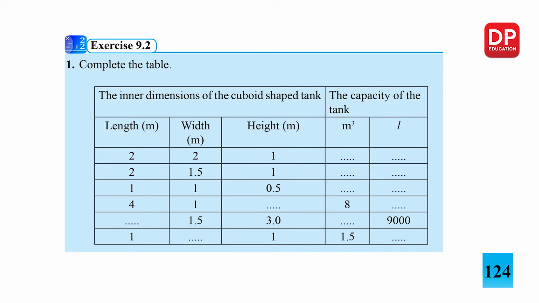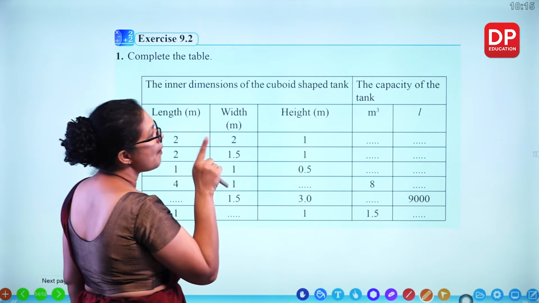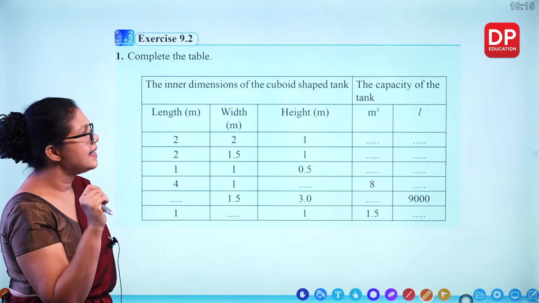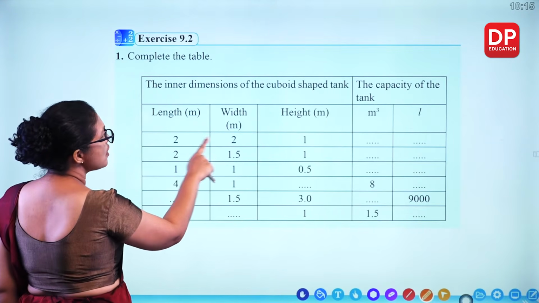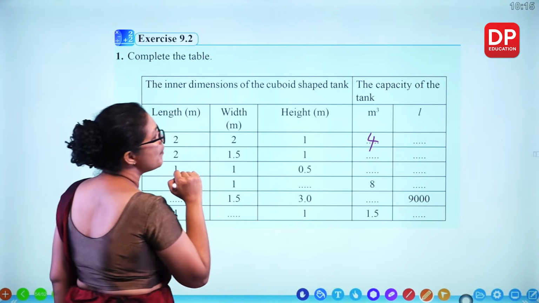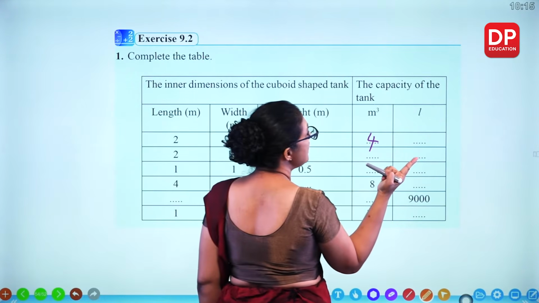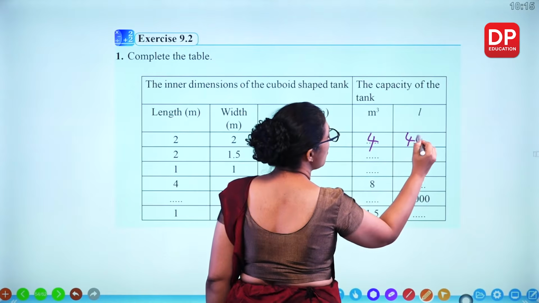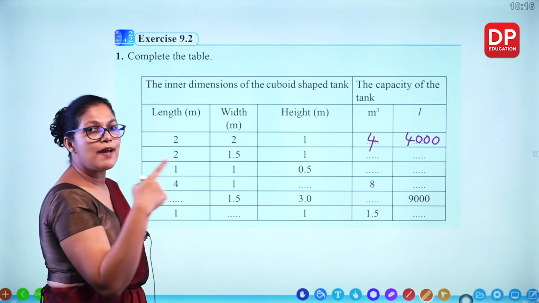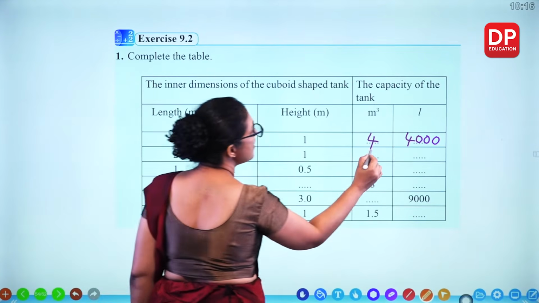Exercise 9.2, complete the table. So you have a given cuboid shaped tank, length, width and height, and capacity of the tank is given in cubic meters and liters. 2 times 2, 4. So this is 4 cubic meters. When you convert to liters, that's 4000 liters. 2 times 1.5, 3. 3 times 1, 3.